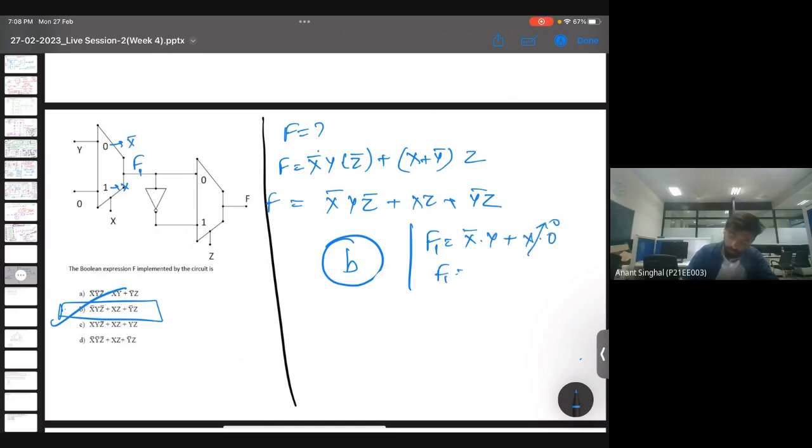So f1 will be x bar y. And then the not of f1, let's suppose it is f2. So here it is f1, here it is f2. So f2 is nothing but xy's not, so it is nothing but x plus y bar. So is f1 and f2 clear? Can you please respond if f1 and f2 are clear?